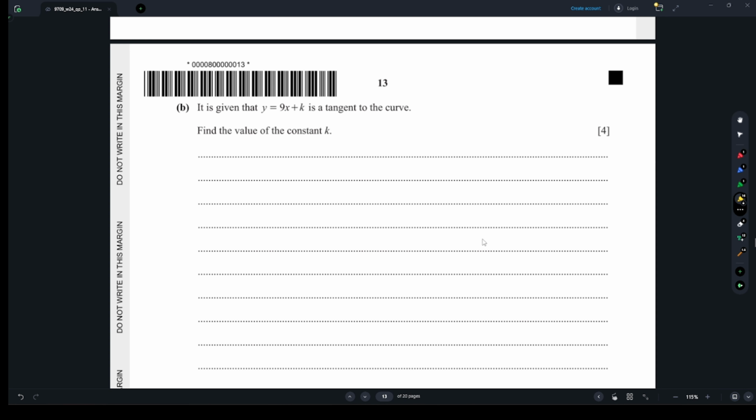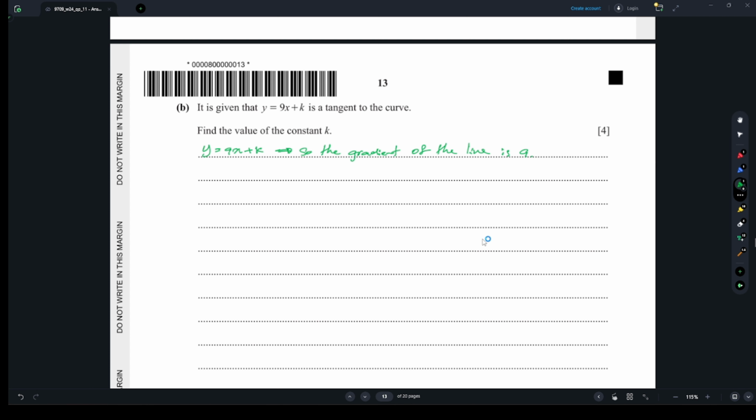It is given that this line is a tangent. So then what is the gradient of that tangent? It is 9, right? So we have, oh, sorry, I forgot to change the one. So we have y equals 9x plus k, right? Then the gradient of the line is 9. Okay, let's keep that in mind.